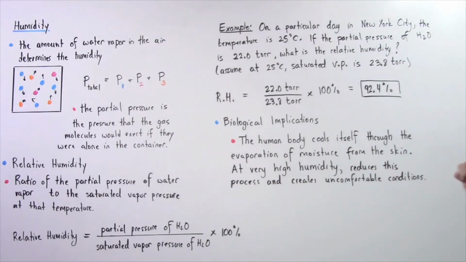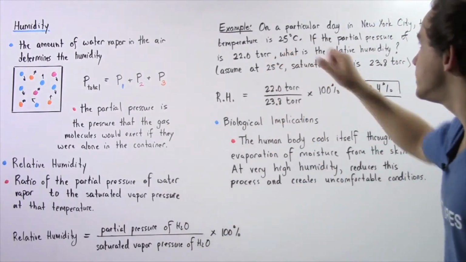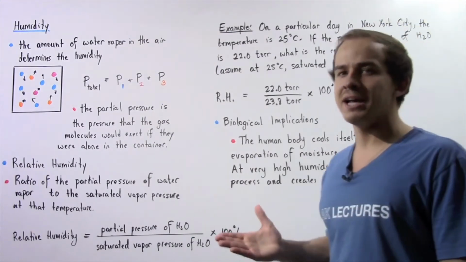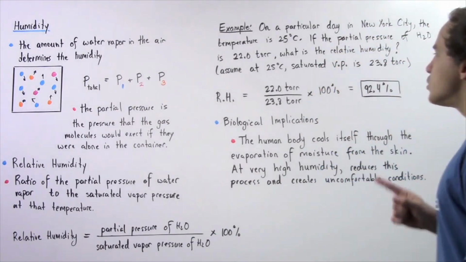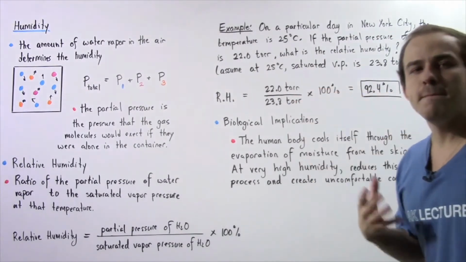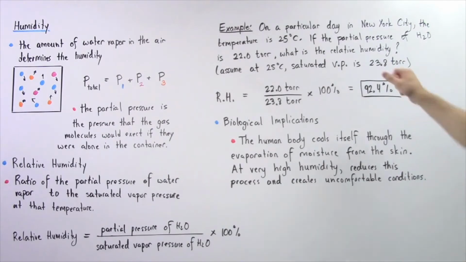So we need to determine the saturated vapor pressure of water at 25 degrees Celsius. And we could simply find that online or in a textbook. So let's assume that at 25 degrees Celsius, the amount of water that can be held in the air is given by the following pressure, 23.8 torrs.